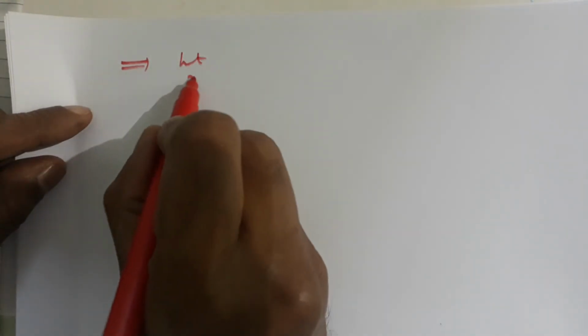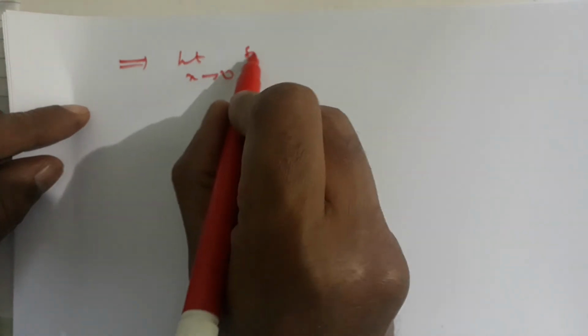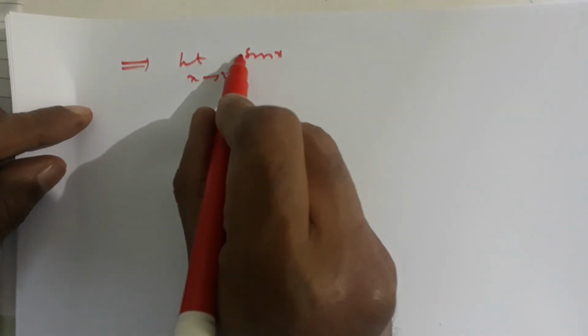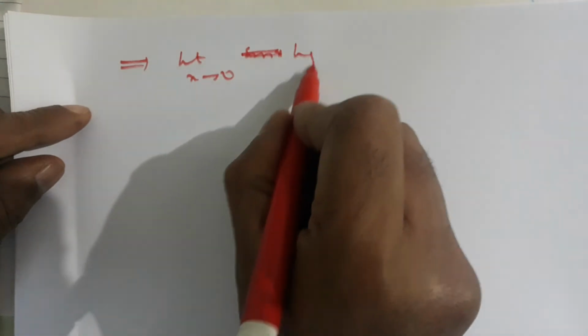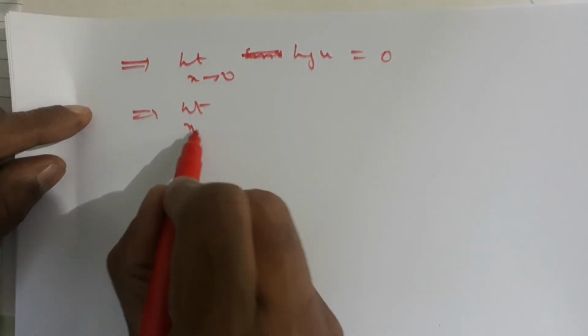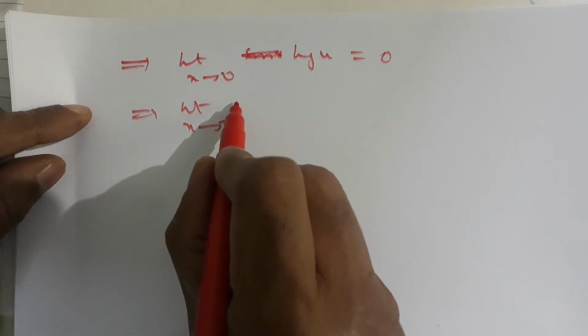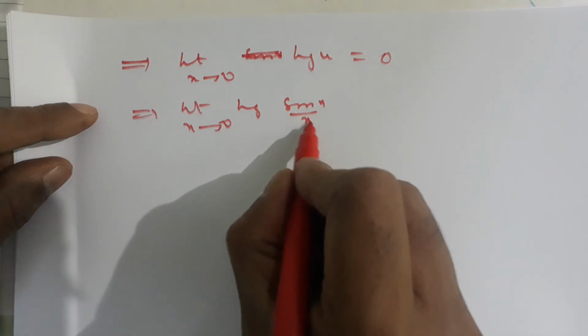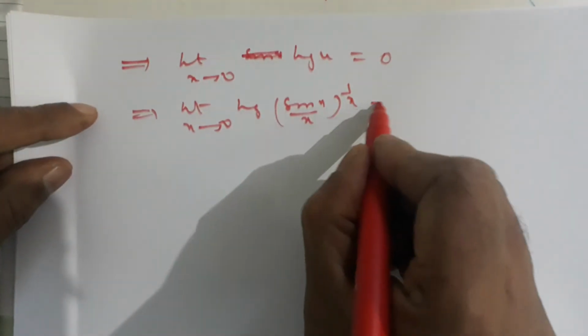This implies limit x tends to 0, sin x by x, log u is equal to 0. This implies limit x tends to 0, log of (sin x by x) whole to the power of 1 by x is equal to 0.